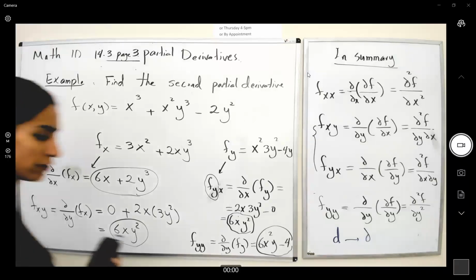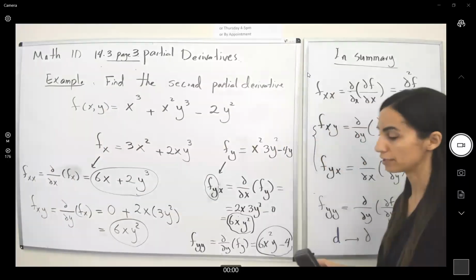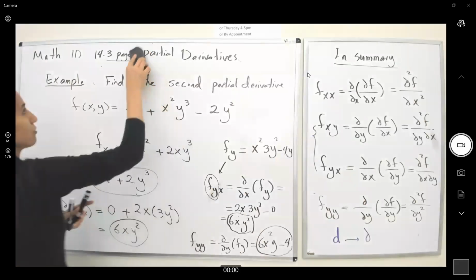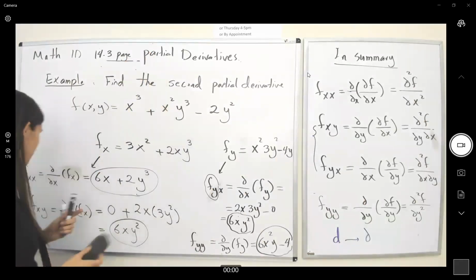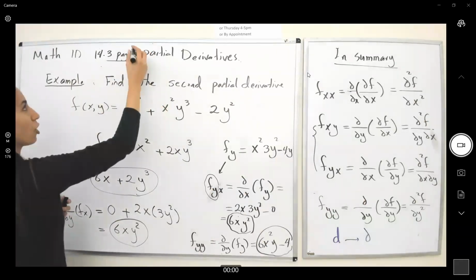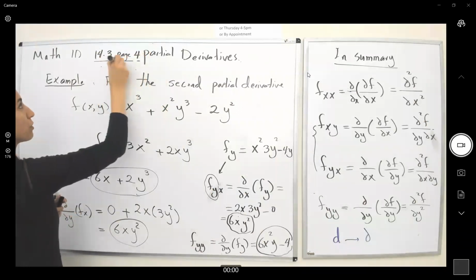Well, in differential equations, there is an important function that we call a harmonic function. This is our last page on 14.3.